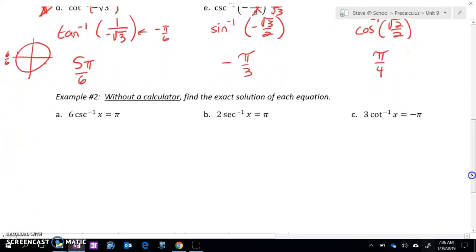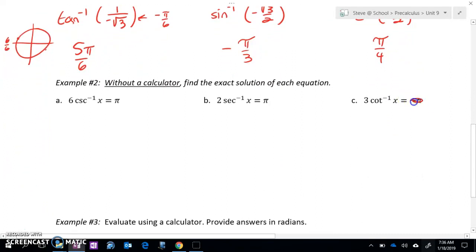To do solving, and by the way, I'm going to change this problem. So if you have this note sheet, make this one equal to 2 pi. So, this is going forward, so we don't have to do much. We would just solve for this, which means we divide by 6. And then we would do cosecant to both sides.